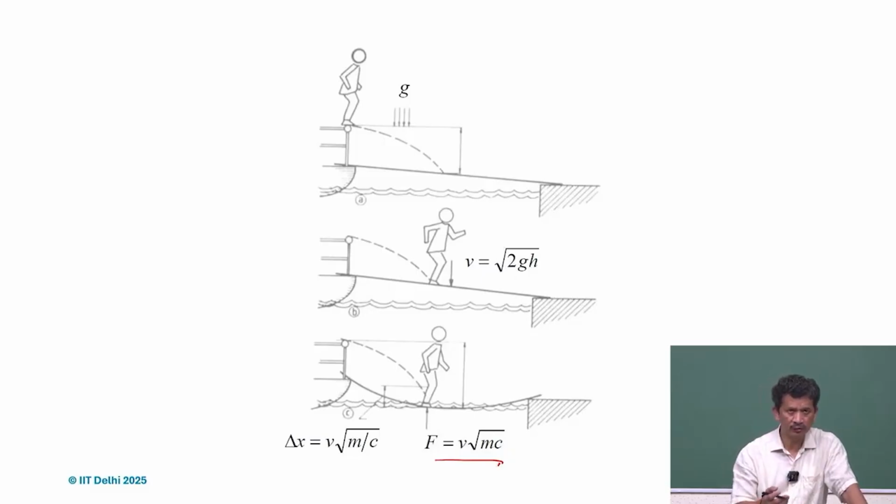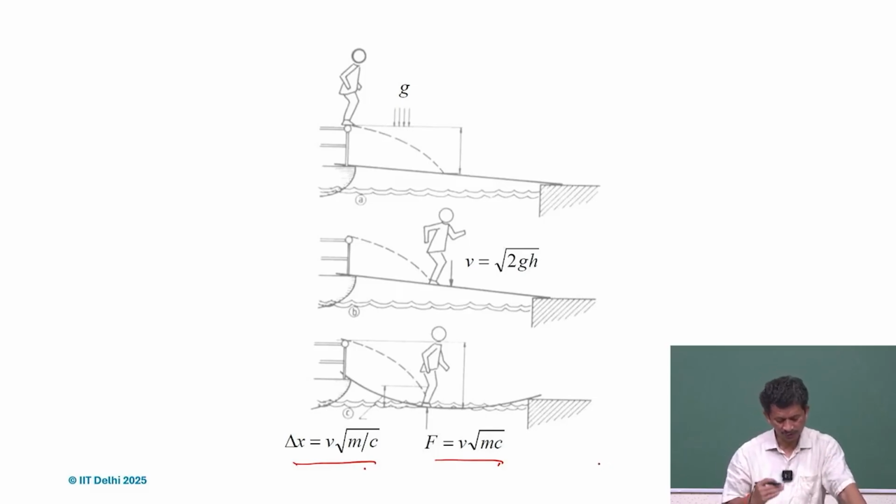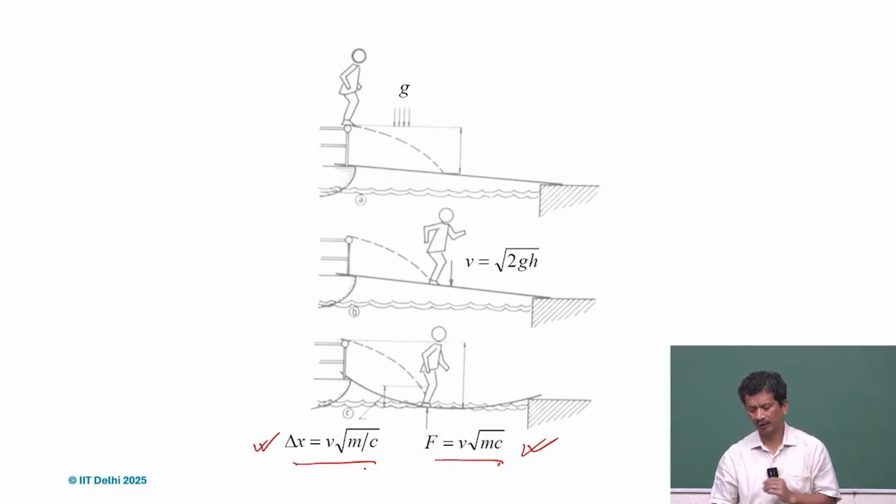But if it's too soft, then it may bend and touch the water. So what you can see is that there is a contradictory requirement, and one has to choose the value of C such that the displacement is not very high, but at the same time, the force should also not be very high. So you have to do a balancing act.